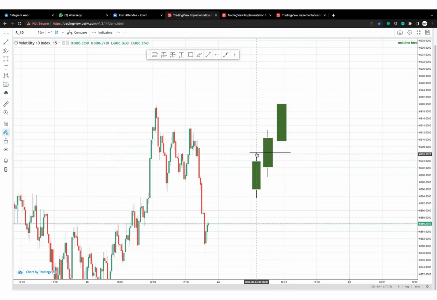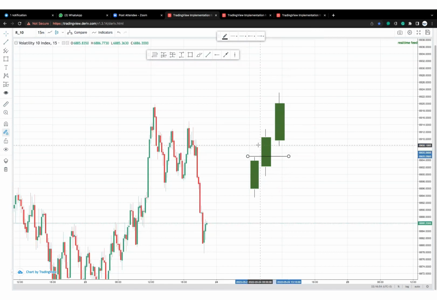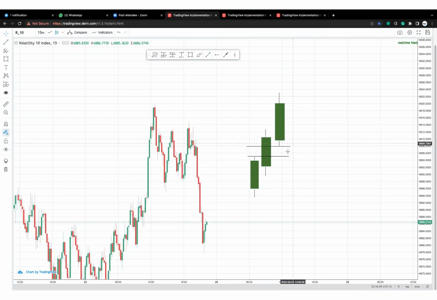Something like this. Candle number 1 and candle number 3 disconnected. So you have this tiny pocket of space in between candle number 1 and candle number 3. This is your fair value gap.